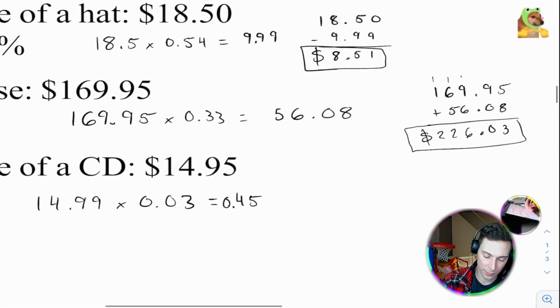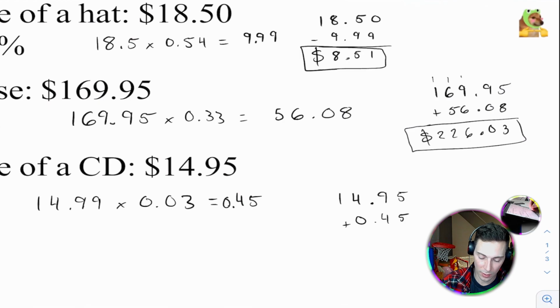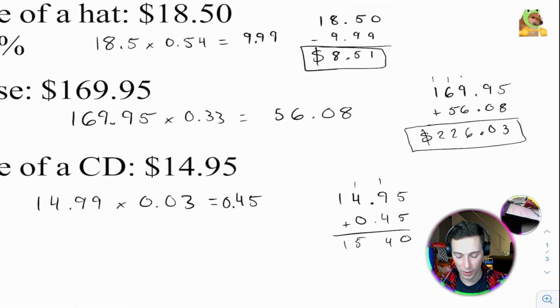Now, 14.99 plus 0.45 is going to equal 15.44. Gosh darn taxes.